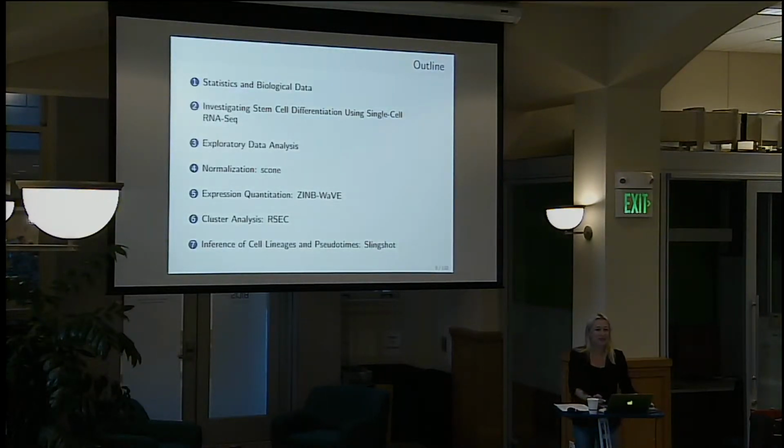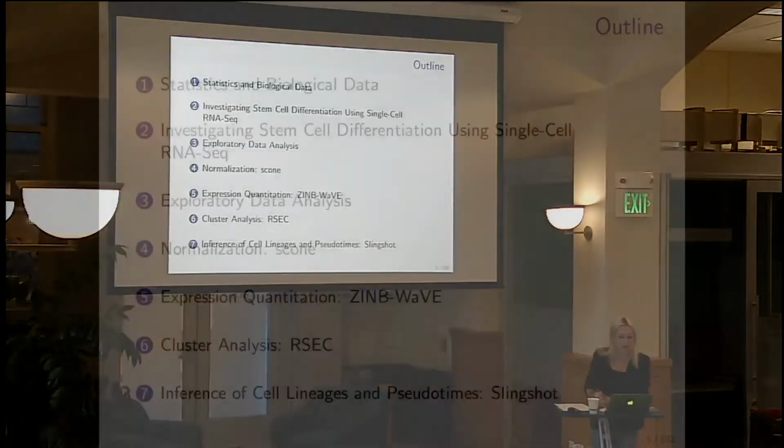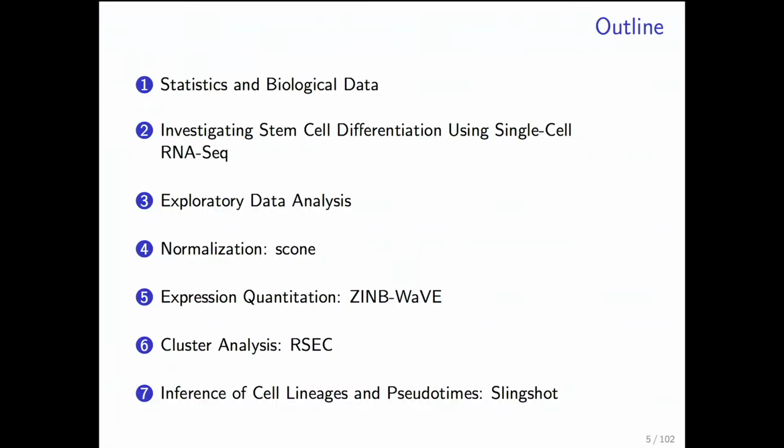So here's an outline for my presentation. I'll begin with a historical perspective on the role of statistics in biology. Then I'll present the biological question that motivated our work, and the rest of the talk will be devoted to a survey of the main steps in a workflow for the analysis of single-cell RNA-Seq data, with, in particular, exploratory data analysis, normalization, expression quantitation, cluster analysis, and the inference of cell lineages and pseudotimes.